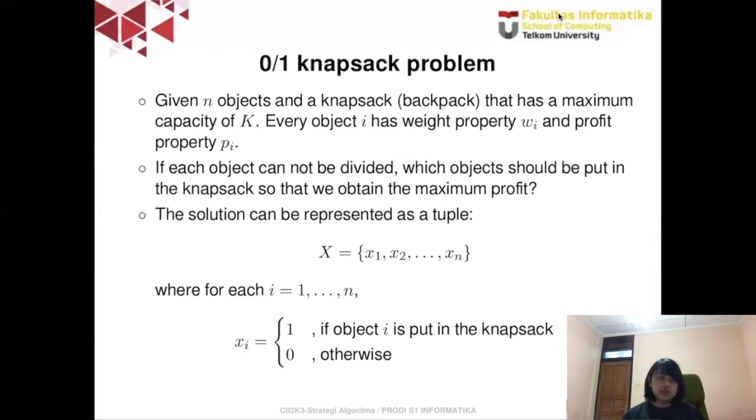That's why we call it discrete knapsack or 0-1 knapsack. And we want to know which objects we should put in the knapsack so that we obtain the maximum profit, and of course we do not exceed the maximum capacity of the knapsack. The solution can be represented as a tuple like this, where xi is 1 if object i is put in the knapsack, or 0 if it is not put in the knapsack.